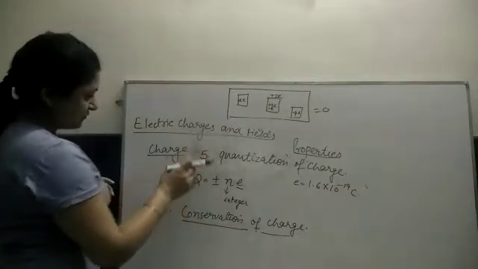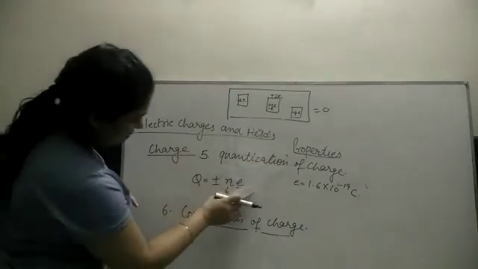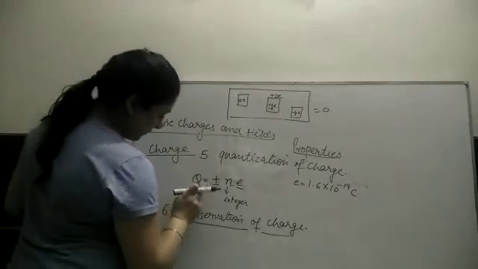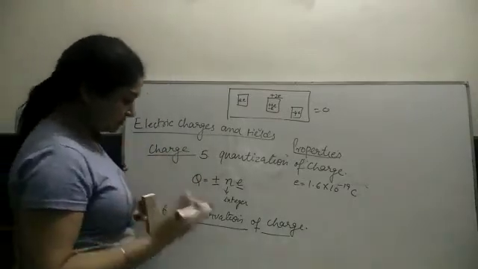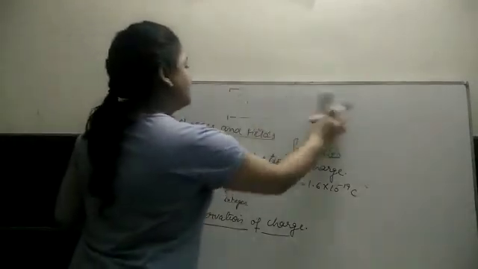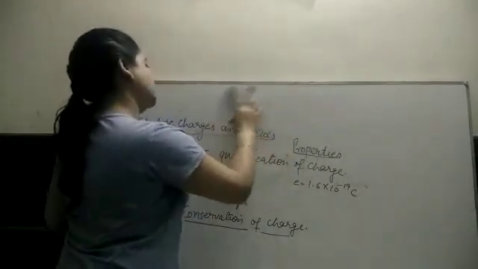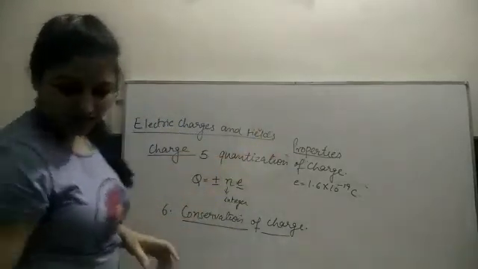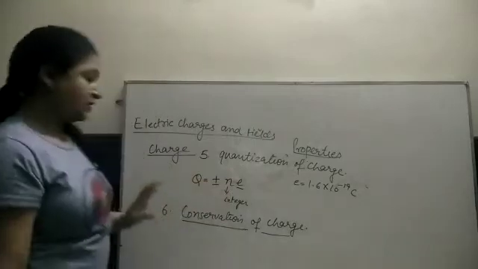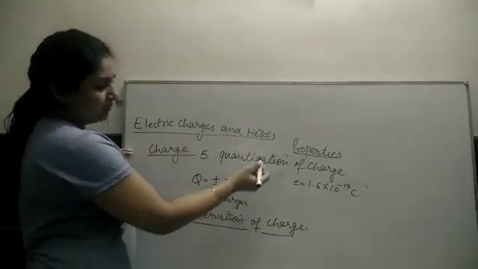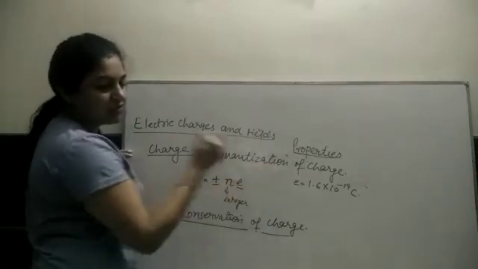Now, because you see one very important property about numericals we have discussed, this is the quantization of charge. So for this property, let us discuss what type of numericals and questions can be asked in the exam, that is regarding this n, meaning quantization of charge will always be valid.